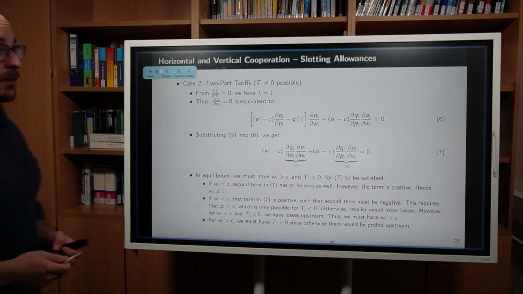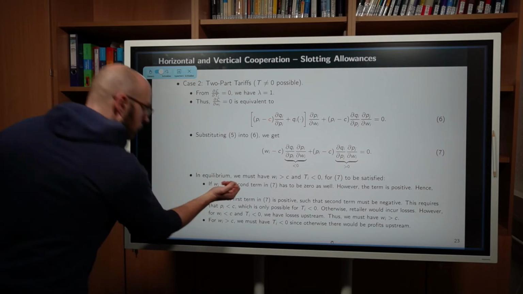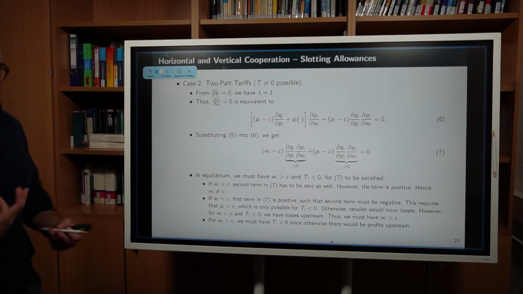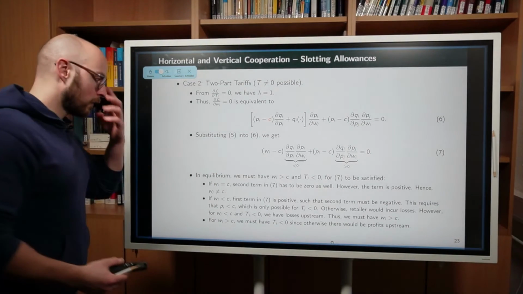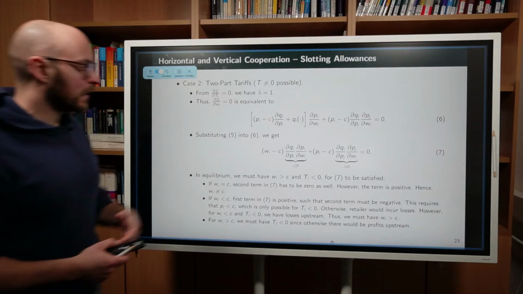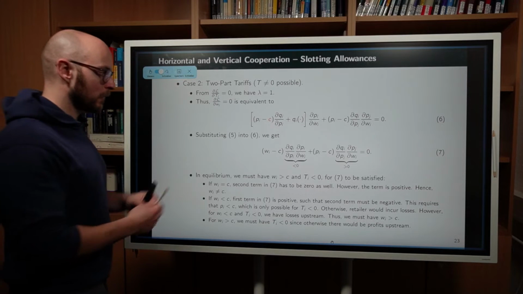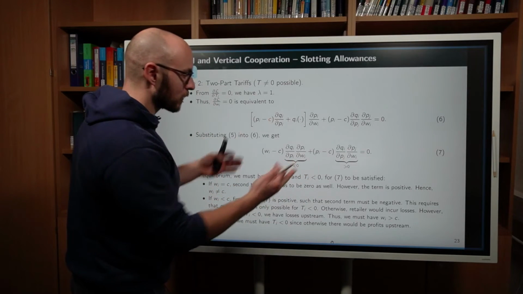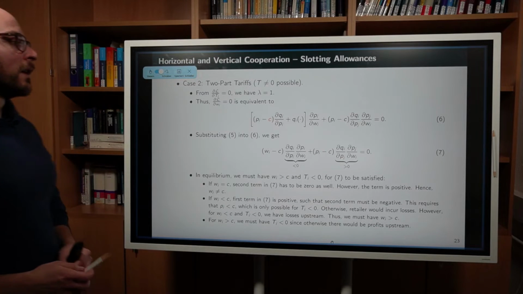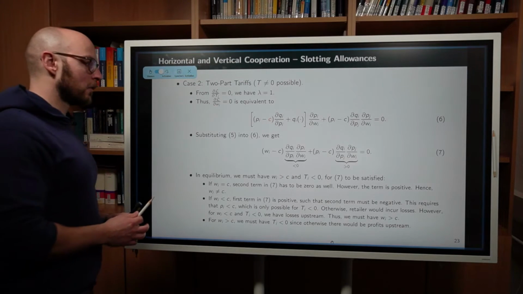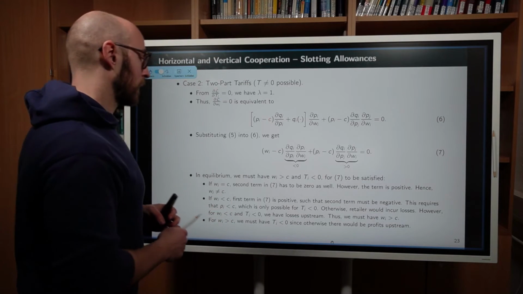Now, how does this term help us? We first go through a mathematical proof, and then we get the economics behind it, right? So we combine these two concepts to learn something from this expression here, because at first glance, it doesn't really look good to us. Before we analyze this one, it makes sense to get some intuition on the signs of the respective terms.